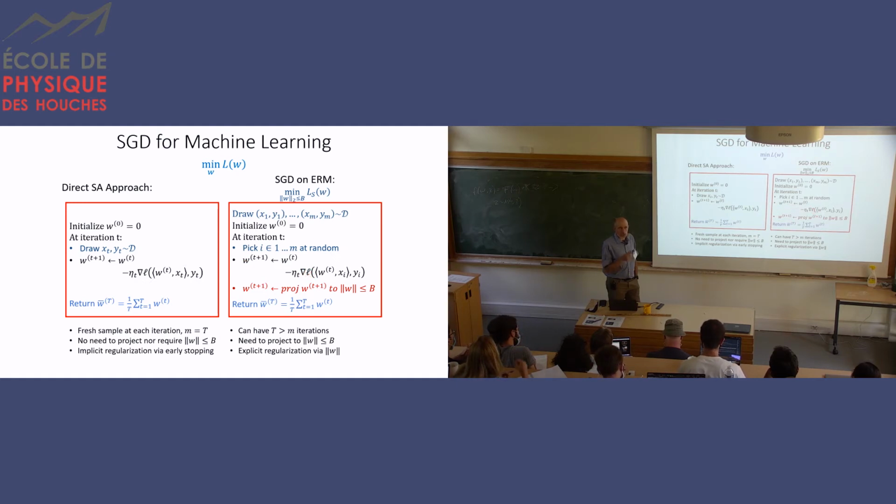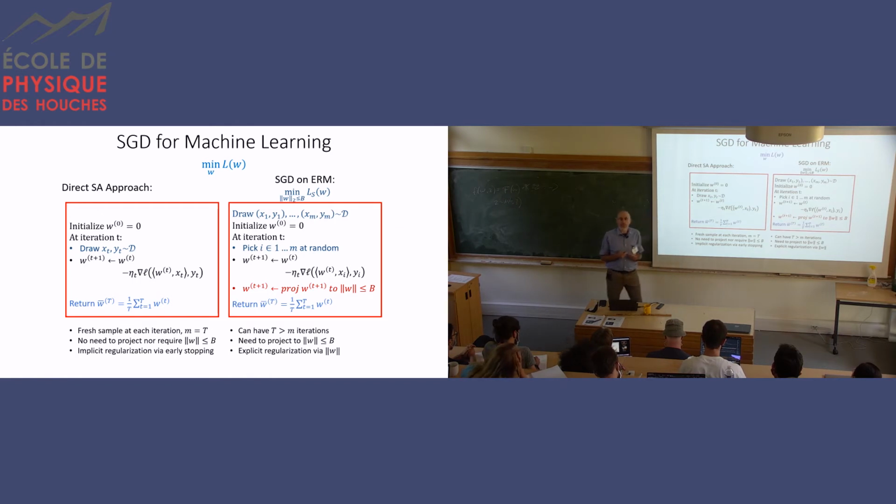Project back to having small norm, as somebody here reminded us that we should do. And then at the end, after t iterations, average the iterates. So let's look at the differences between both of these methods.